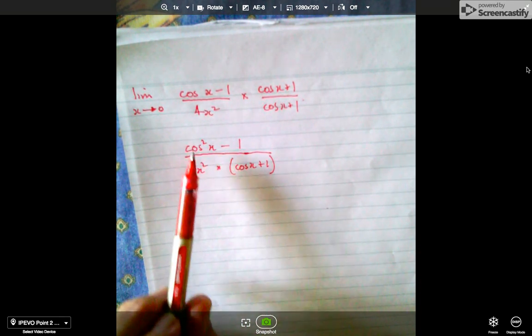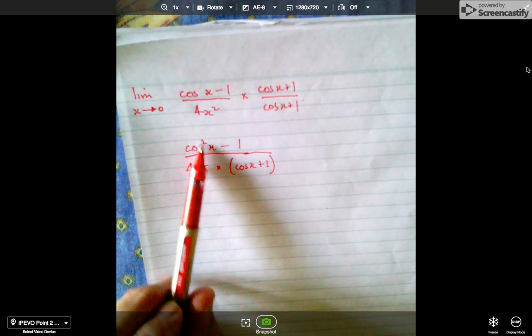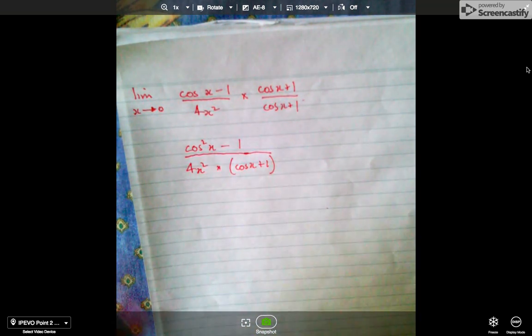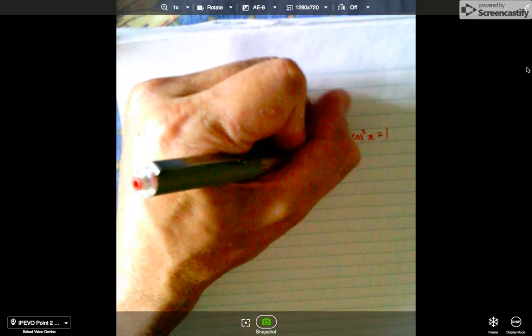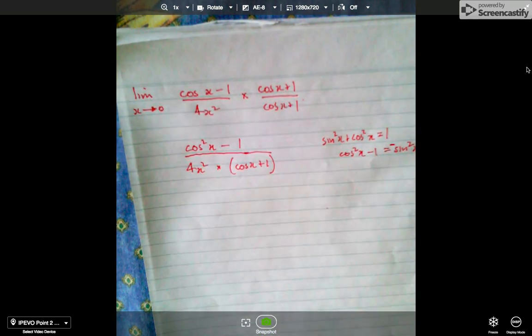So what we're going to do, and we've still got the cos x plus 1 happening here, instead of writing cos squared x minus 1, we remember that sine squared x plus cos squared x equals 1, so cos squared x minus 1 equals minus sine squared x.